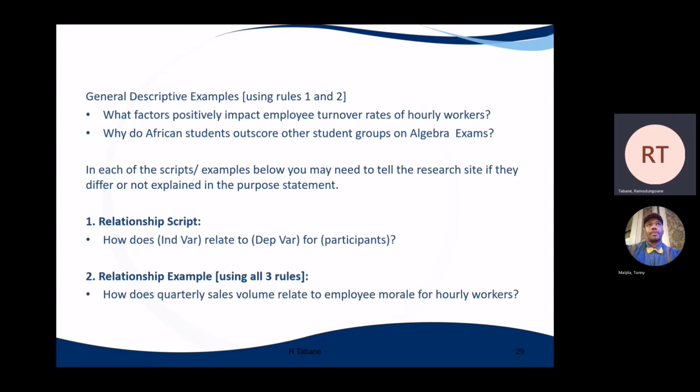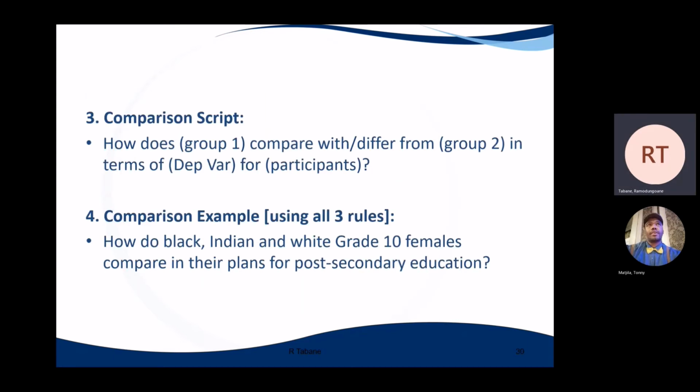How does the independent variable relate to the dependent variable for whatever participants. If it's about relationships, you have to use that word. If it's about comparison, you have to use the word compare. What to what?